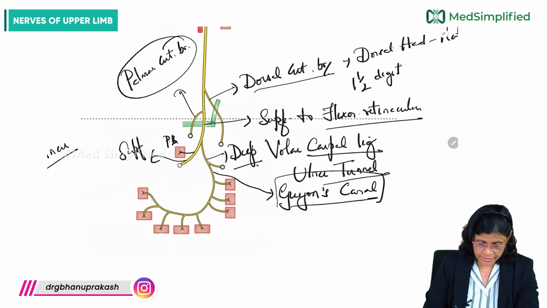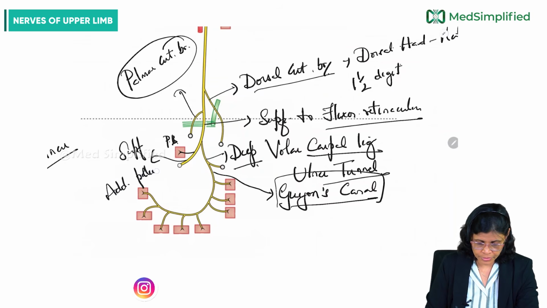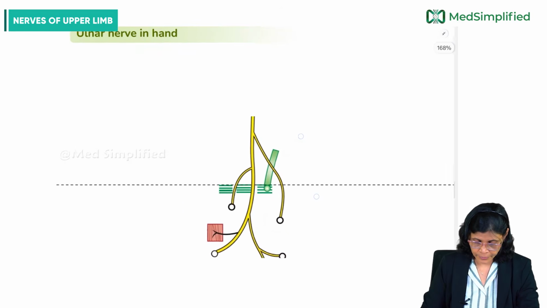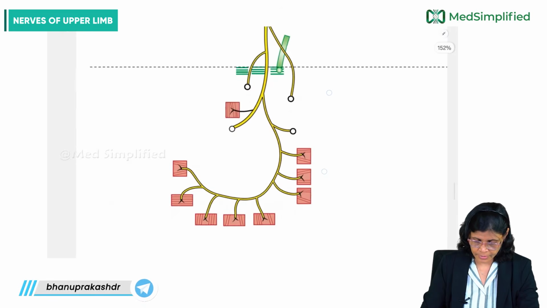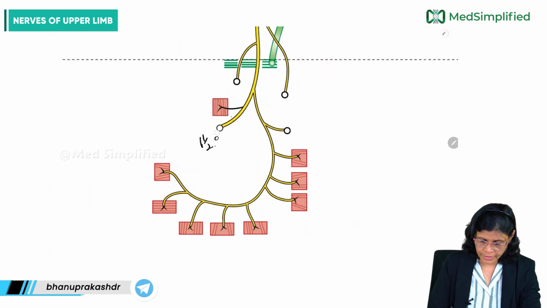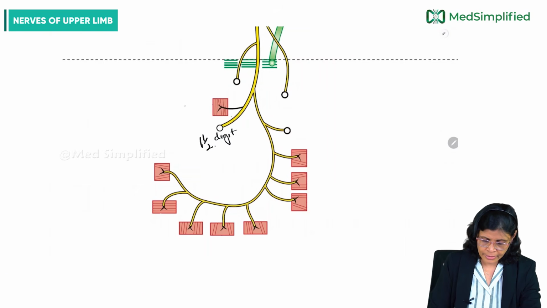Along that it passes and ends in the adductor pollicis muscle, within the substance of the adductor pollicis. So the superficial branch is supplying the skin over the 1.5 digit as well as the subcutaneous muscle, that is palmaris brevis.